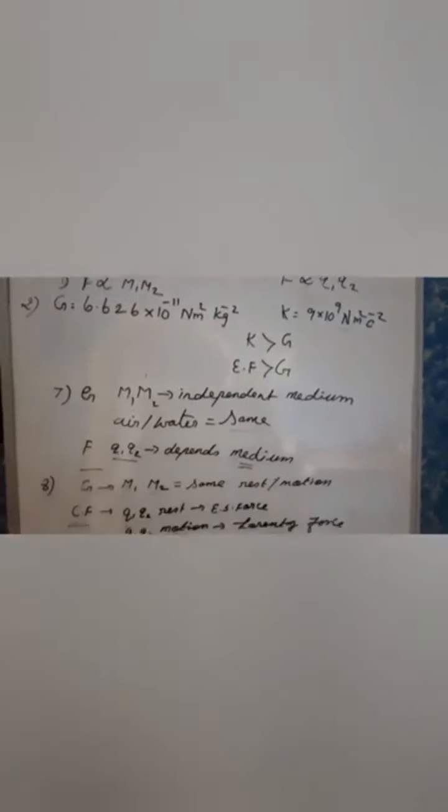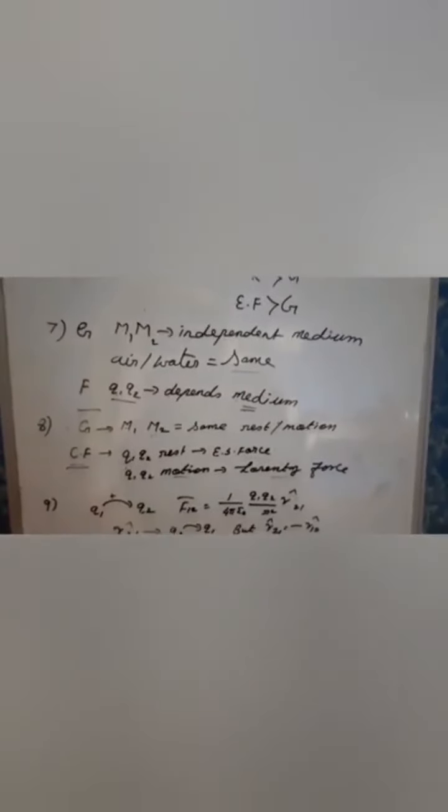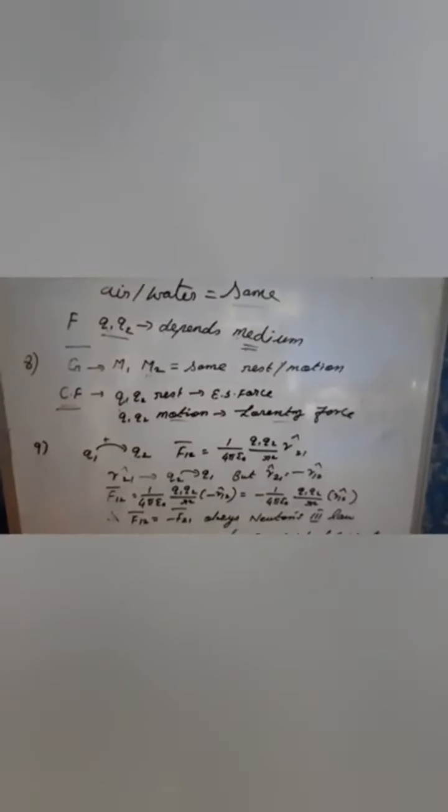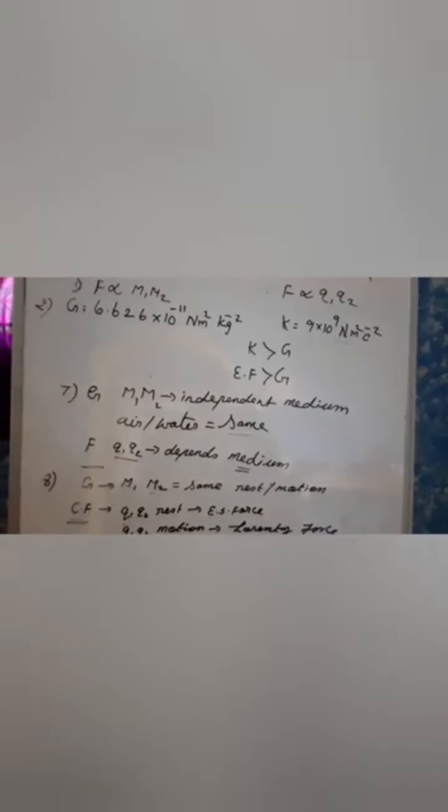So in this chapter we discussed Coulomb's law and its definition, F21 equal to K into Q1 Q2 by r square into r12 cap, and some important aspects. The main thing is that K equals 1 by 4 pi epsilon naught, and this total value is 9 into 10 power 9 Newton meter square Coulomb to the power of minus 2, and the epsilon naught value is 8.85 into 10 to the power of minus 12 C square N minus 1 m minus 2.